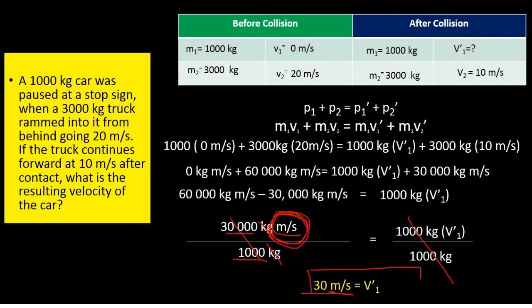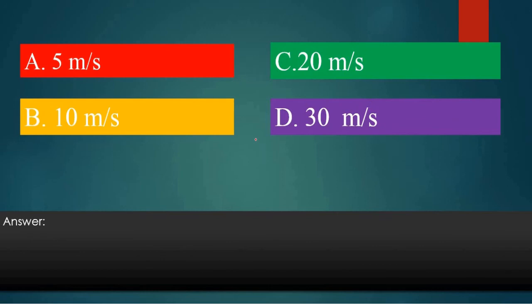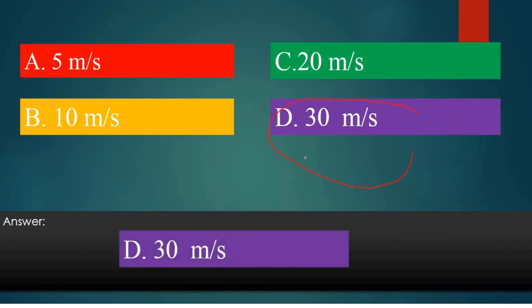You get the final answer, which is 30 meters per second. This is the velocity of the car after the collision. So the answer would be letter D.